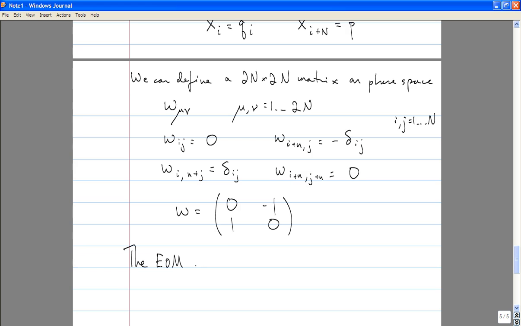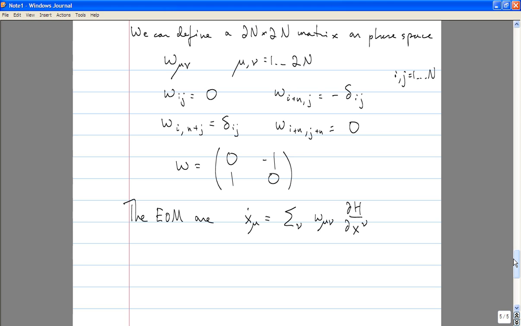They're given by x dot mu is the sum over nu of omega mu nu dH by dx nu. And I encourage you to check that when mu is between 1 and n, this says that q i dot is equal to dH by dp i, and likewise when mu runs from n plus 1 up to 2n, it says that p i dot is minus dH by dq i.